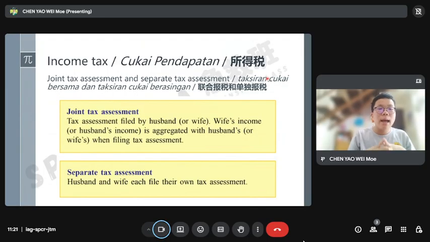But I prefer separate tax assessment because it is cheaper than joining your income together. Separate tax can help us save more.